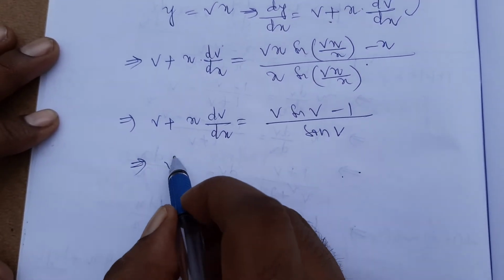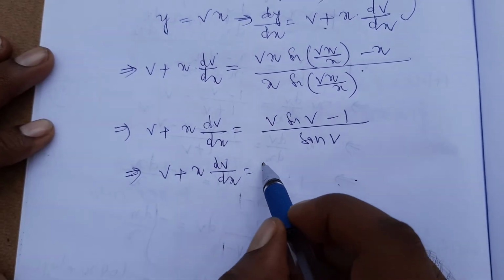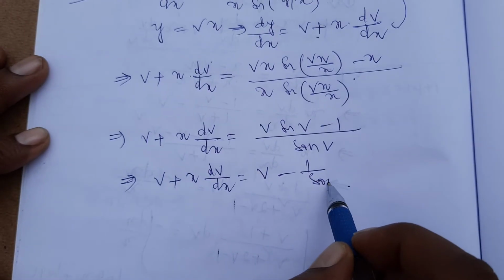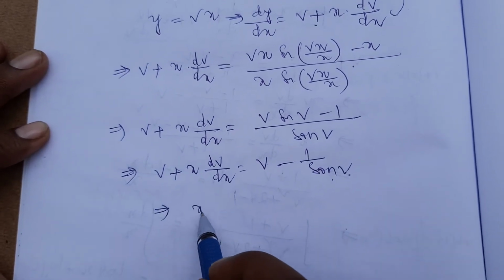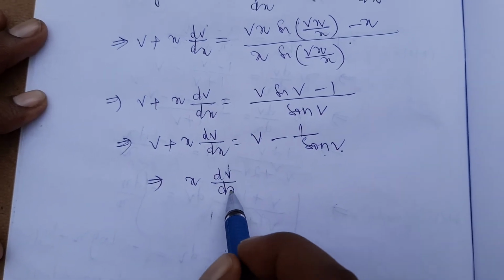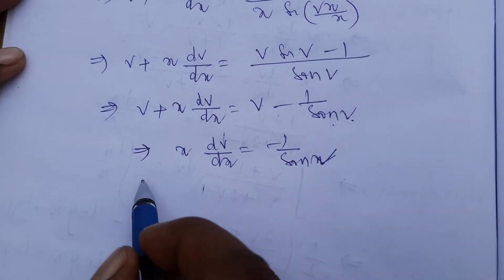Now this is the value v plus x into dv by dx is equal to v minus 1 by sin v. Then v gets cancelled. Then what is the value? x into dv by dx is equal to minus 1 by sin v is the value.